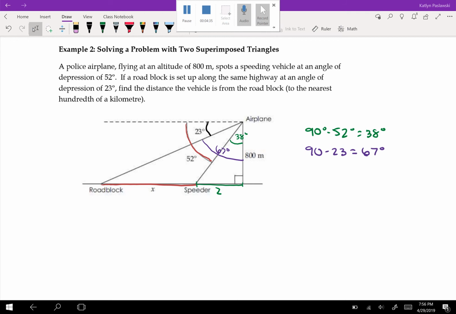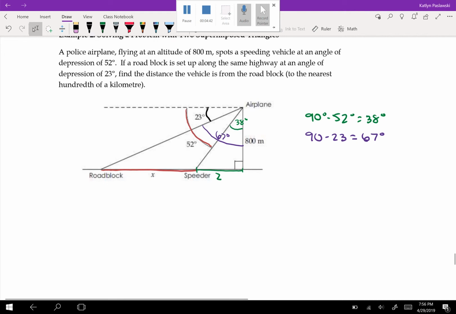So I'm going to first solve for length Z that is made up of 800 meters and 38 degrees, and that's going to be in green. So if I want to solve for Z and I have the adjacent and I want the opposite, I'm going to be using tan. So if tan theta is equal to opposite over adjacent, I'm going to substitute the information that I know. So in this case, it is tan of 38 degrees is equal to opposite, which is z, over the adjacent, which is 800.